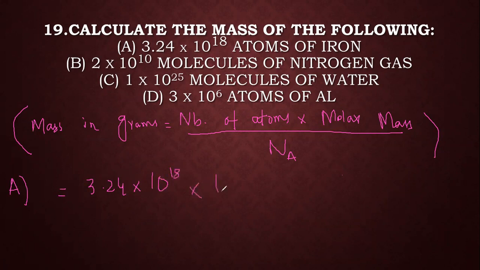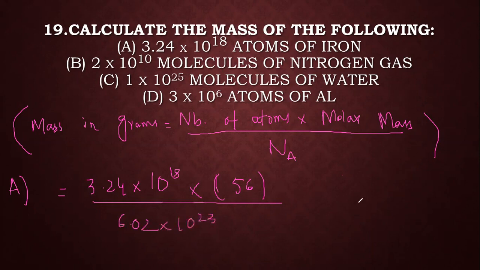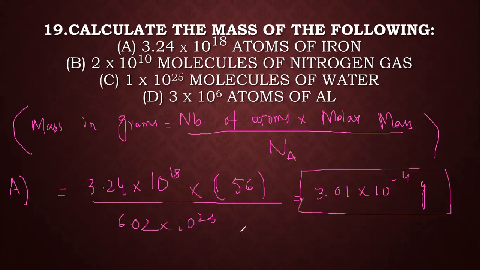The molar mass of Fe is 56, and the Avogadro number is 6.02 into 10 raised to the power 23. By putting in all the values, this must be equal to 3.01 into 10 raised to the power minus 4 grams. Okay, this is the first part.